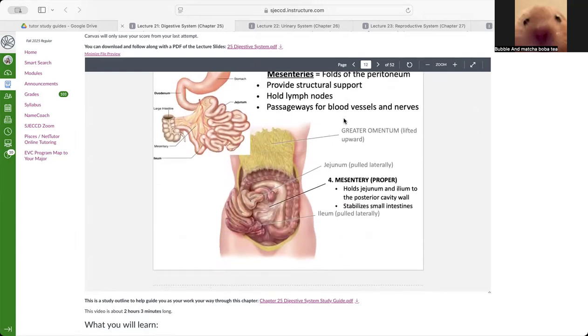We have the mesentery proper, which connects the lower two-thirds of the small intestines, from the duodenum to the ileum, to the posterior cavity wall. It provides stability for the small intestine to make sure it doesn't fall outwards from the abdominopelvic cavity.